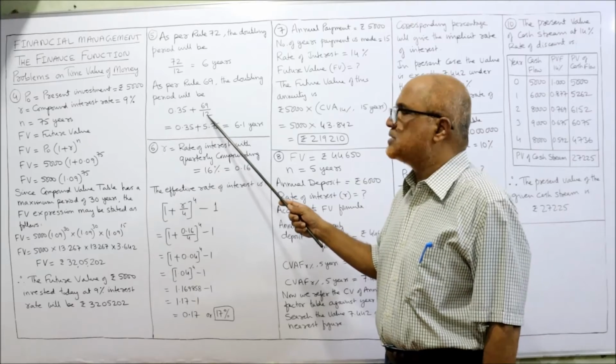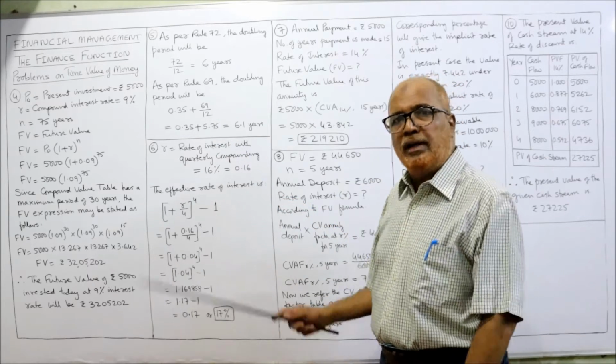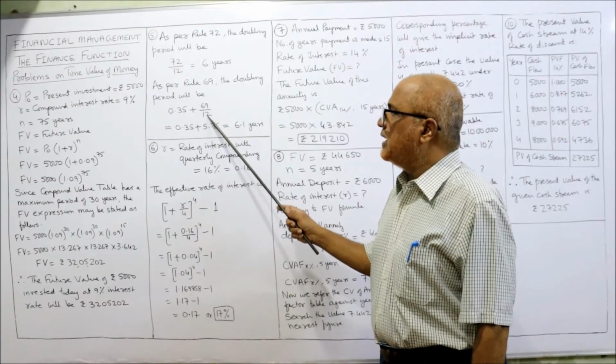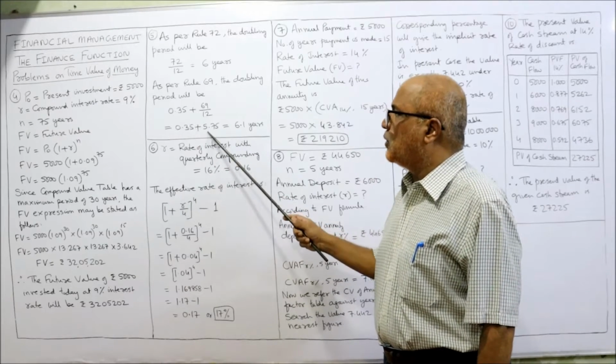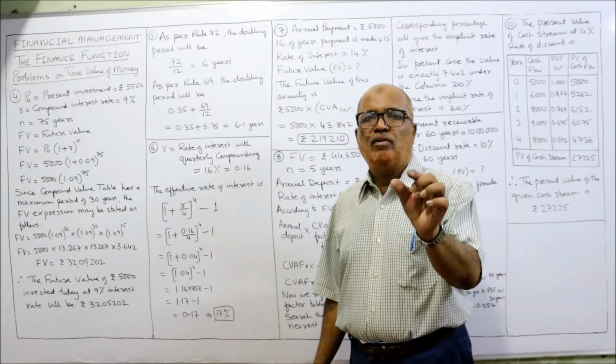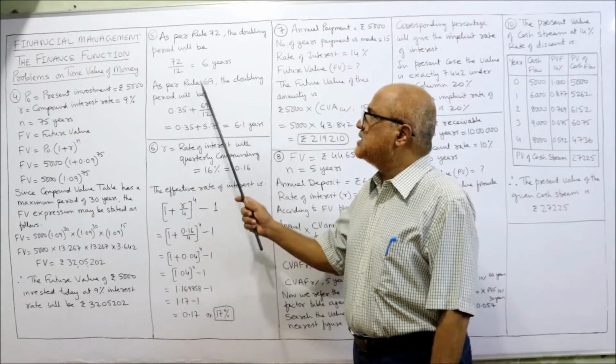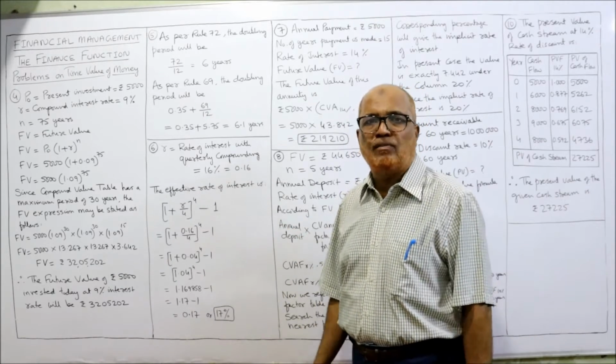The rate is 12%. So simply take 12. Don't take 0.12. Only 12. So 69 by 12, you'll get 5.75, plus 0.35, you'll get 6.1 years. So 6.1 years is the doubling period for rule 69. And 6 years is the doubling period for rule 72.